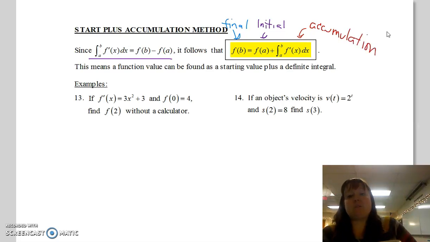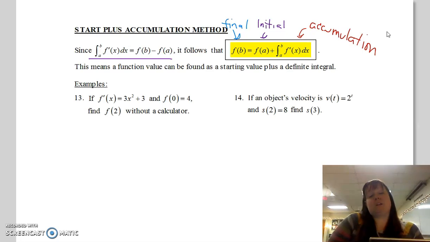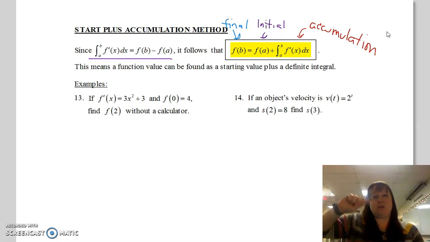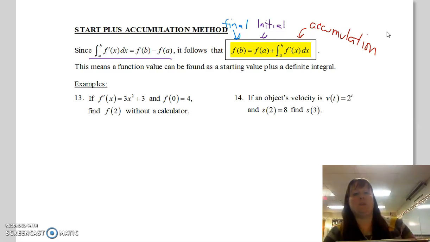So say a function has this y value right here. We're going to add up all the tiny little bits of change, which is that integral. That's all that accumulation underneath the curve, all those little changes. We're going to add each one of those, and that's going to give us our final value for our function. So we start with initial, we accumulate, and we get to a final.